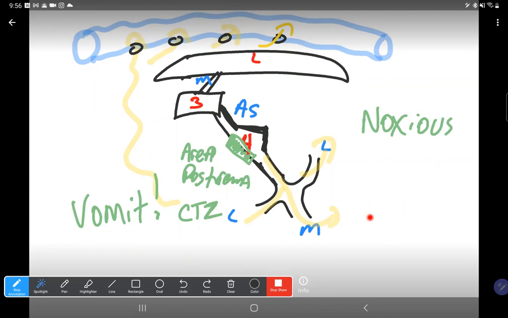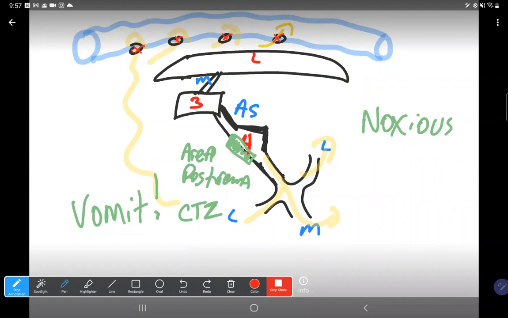Arachnoid is a meninge, right? Patients get meningitis. Itis means inflammation, and with inflammation, especially if it's chronic, you get fibrosis, strictures, scarring. What do you think would happen if you scar the granulations? Can you empty the CSF into the venous system?